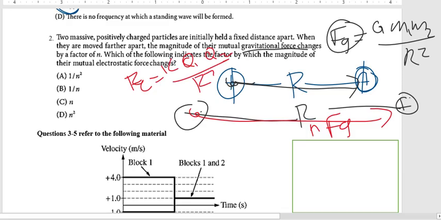It has the same relationship, everything's the same but charges; it's just charge and mass. So it's going to have the same thing. They want to know by what factor their mutual electrostatic forces change. Which of the following indicates the factor? The factor is the same factor, it would be n.